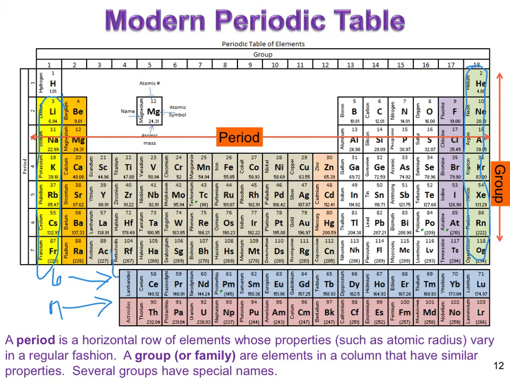Cerium occurs here in the gap between lanthanum and hafnium. That is, it's between groups 3 and 4, not having a group number in and of itself. The period 6 excerpt is called the lanthanides, and the period 7 excerpt is called the actinides.